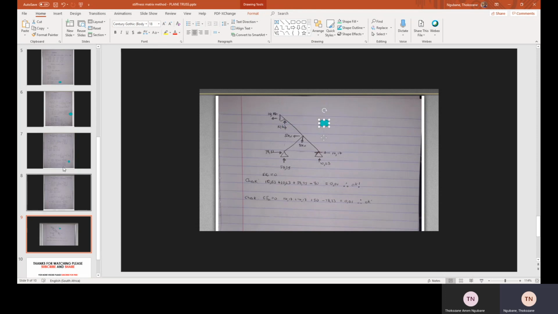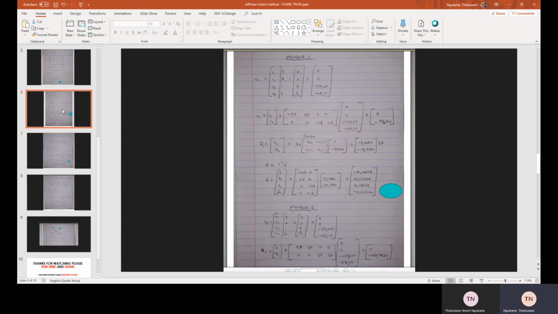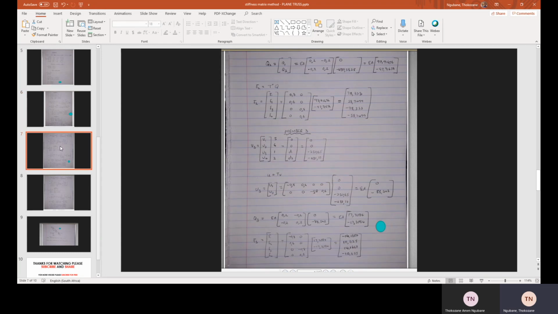Let's go to member 2. On member 2, oh, this is 3. Where is our member 2? Oh, our member 2 is here. Okay, on our member 2, what did you get? On the first, we get positive 78.33, and then 58.7499, and we have minus 73.4 for members 1 and 2.